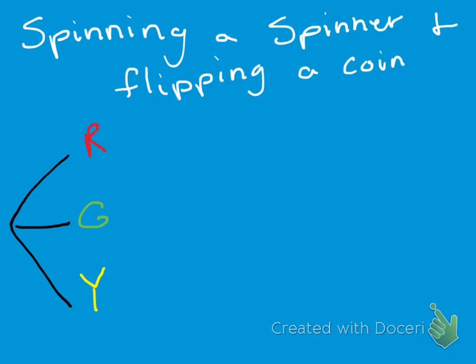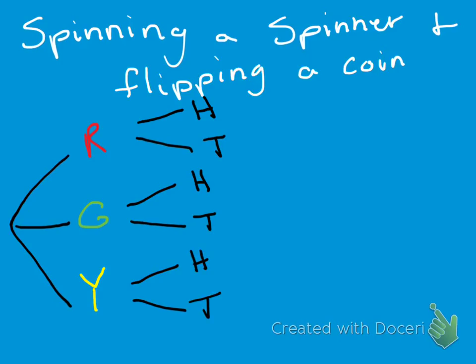What are my 2 options for the coin? Hopefully you said heads and tails. So off of the red, I write heads and tails. Then on the green, I also write heads and tails. And after the yellow, heads and tails.